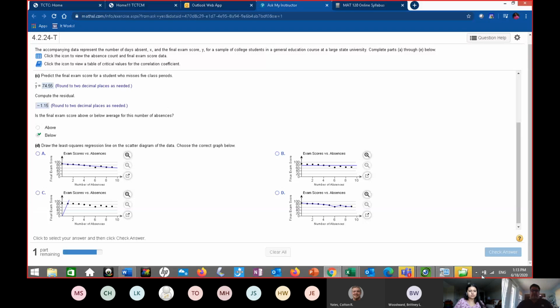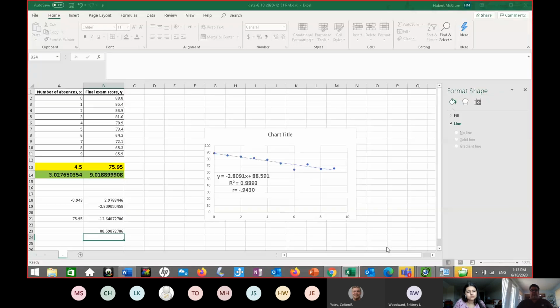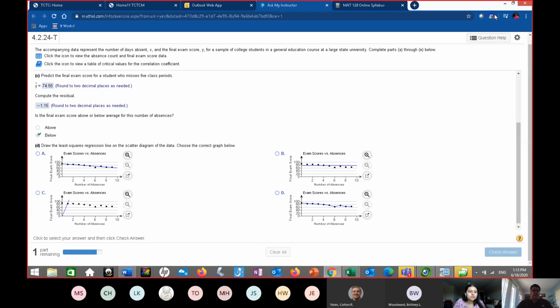Let's see what our graph looks like. It's got a little dip right here, and then it goes above. So we're looking for this little dog leg right here. Let's see which one has the dog leg. I like this one. What's the difference between A and B?